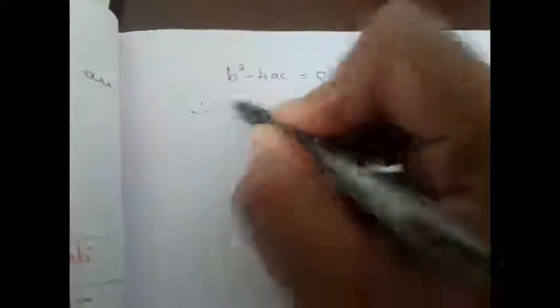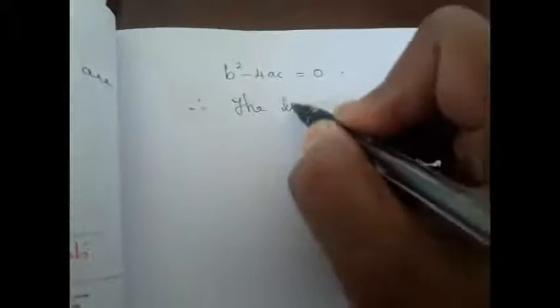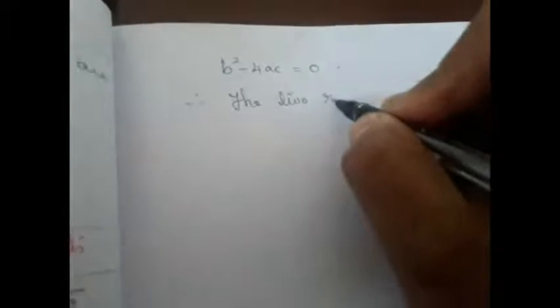If the discriminant is equal to 0, what is the nature of the roots? Therefore, the two roots are real and equal. If real roots exist, they ask you to find the roots. So we have to find the roots. How can we find the roots?